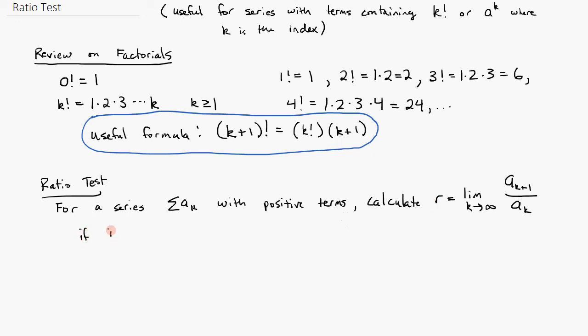If r is between 0 and 1, the series converges. If r is strictly bigger than 1, the series diverges.